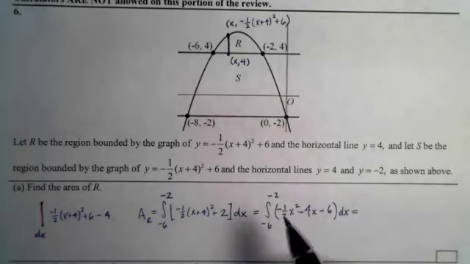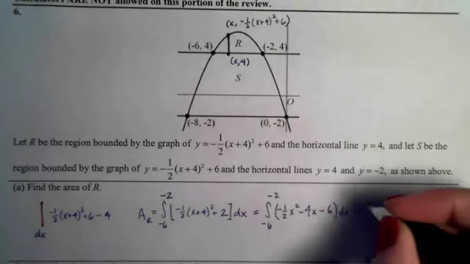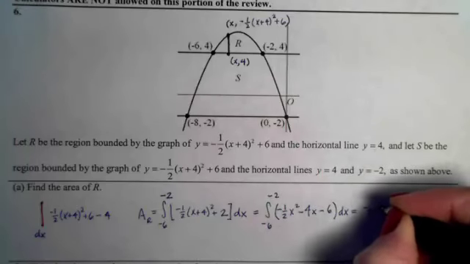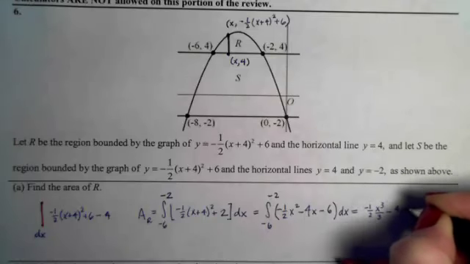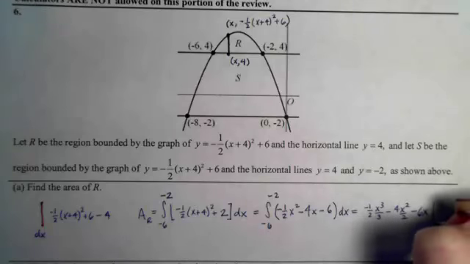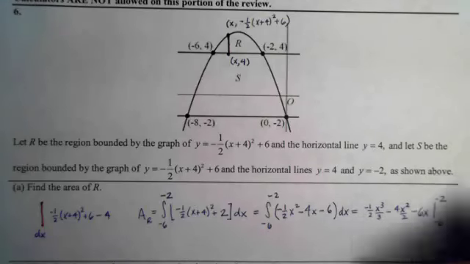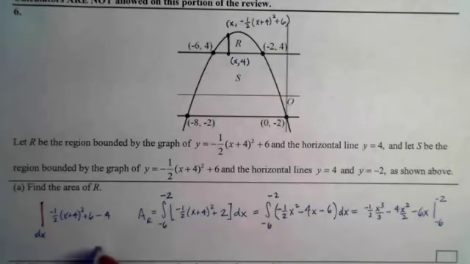Then we have to answer the question posed by the symbol. What did I take the derivative of with respect to x that gave me this? Well, that'll be: move through the constant, cube the x, divide by 3; move through the constant, square the x, divide by 2; minus a 6x, evaluated from -6 to -2. The first thing I plug in is that -2, so that'll give me a -8 times a -1 is an 8 over 6.